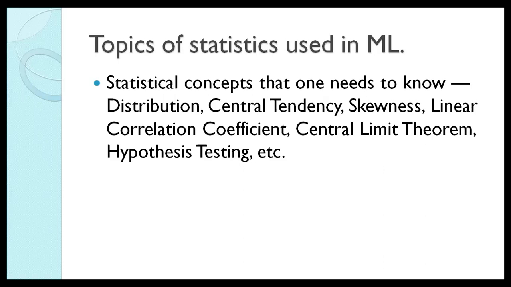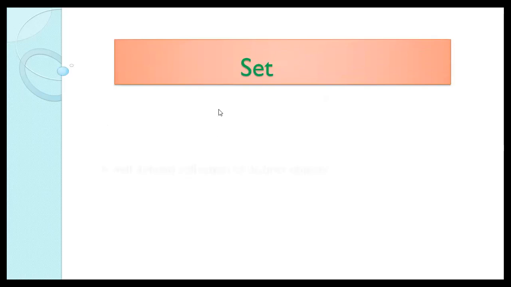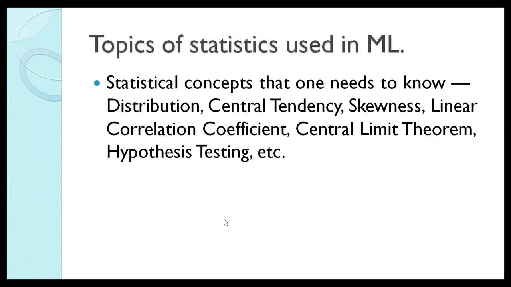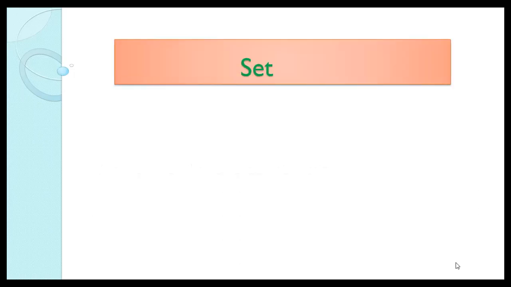These are the main topics which we learn in statistics. You need to know why statistics and linear algebra are important, and how we use them in machine learning and from other points of view.